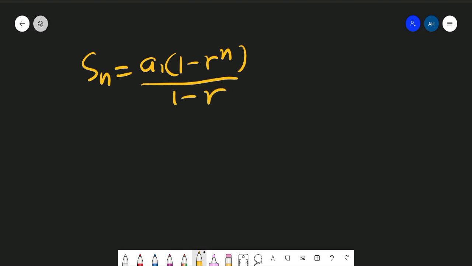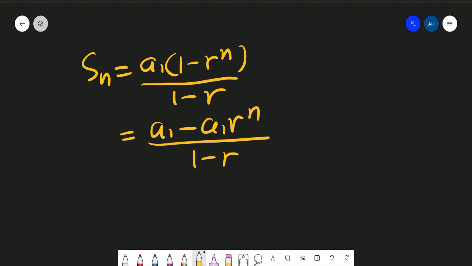This is the second version of the nth partial sum of a geometric series, with the condition that r cannot be equal to 1. Again, as before, we multiply a1 with the terms in the bracket. We have a1 minus a1 r to the power n, all over 1 minus r.